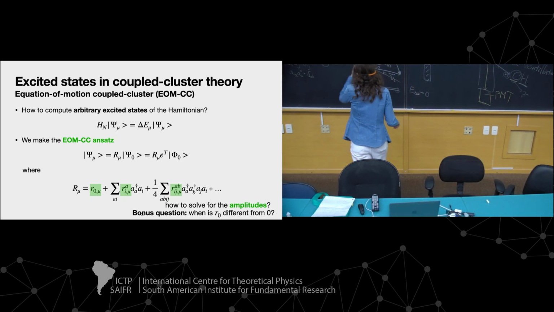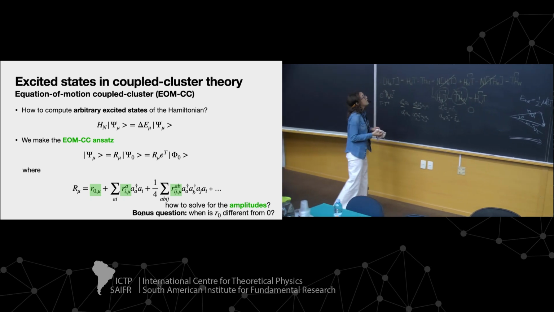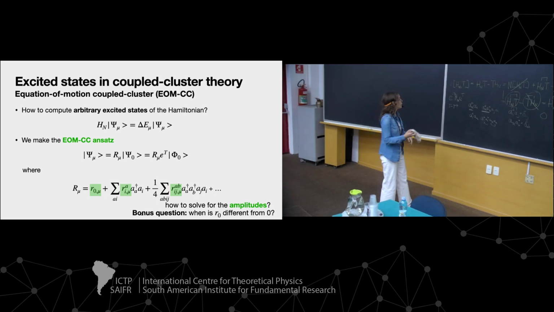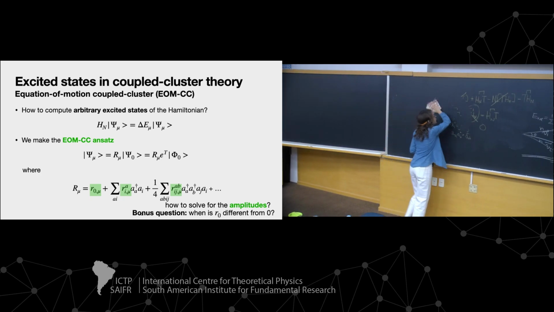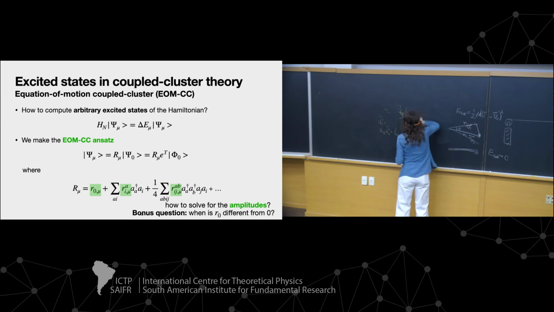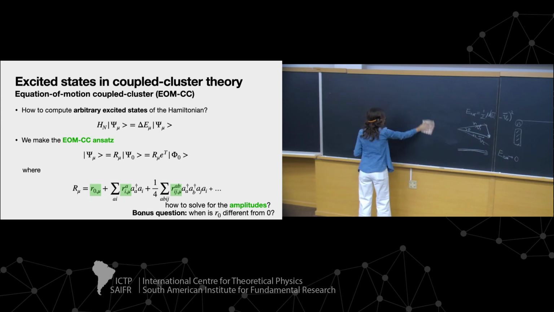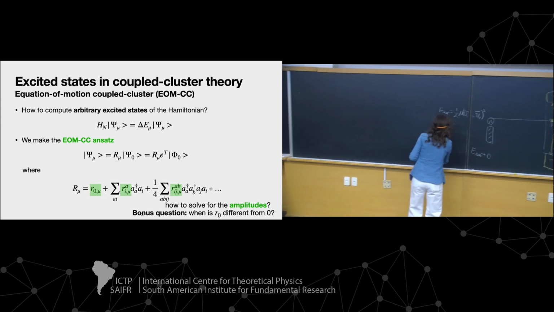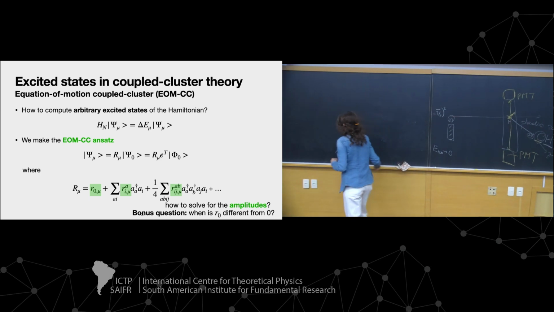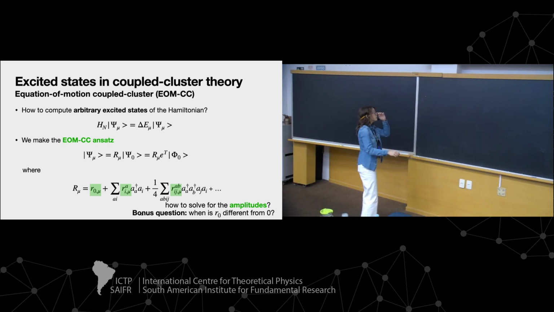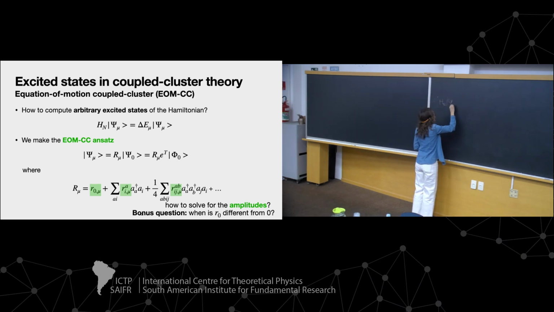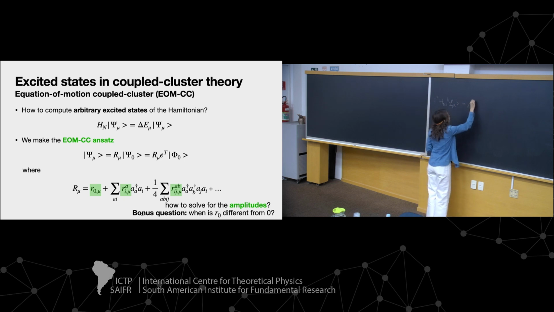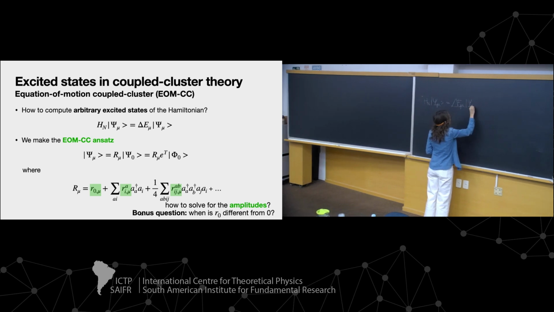So let's see what happens when we actually put these ansatz into the Schrödinger equation. Let's take the Schrödinger equation up there: Hn psi mu equal to delta E mu psi mu.